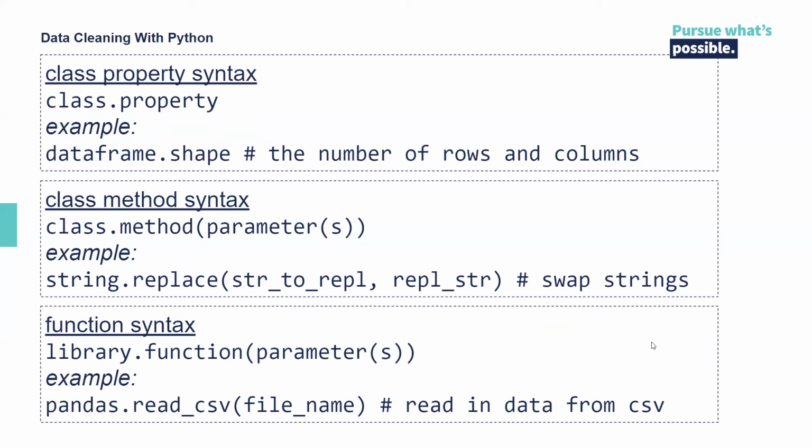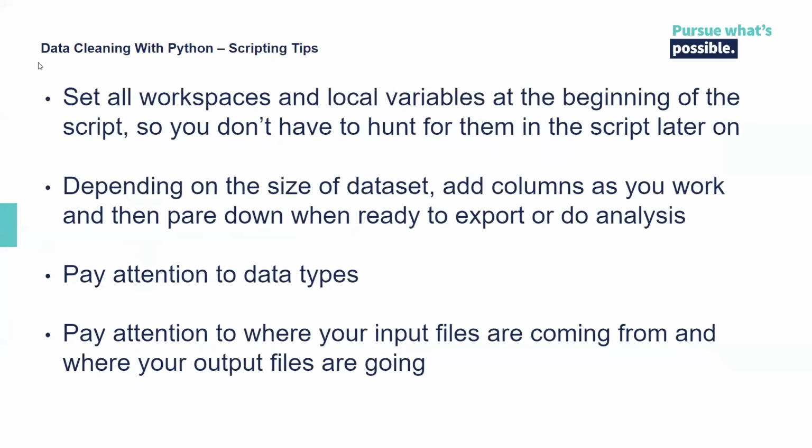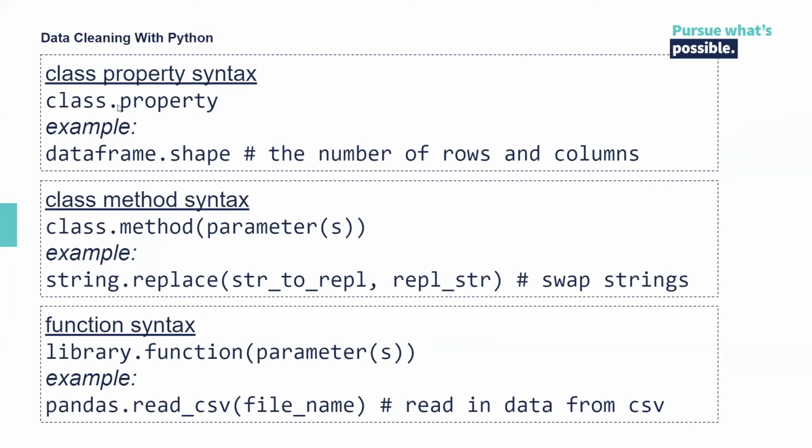So just a quick review of some Python syntax. We talked about classes before and how classes have properties associated with them. Whenever you need to access the property of a particular class, you're going to say the name of that class and then the name of the property.